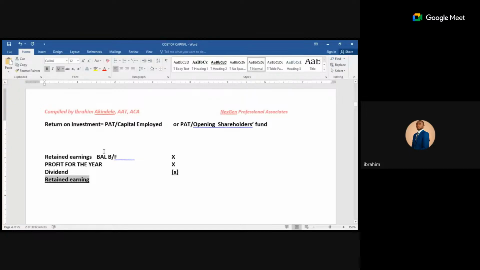You can also have the ordinary shares here. In addition to this, let me add it: ordinary shares. For those who did financial reporting, it will flow. Now, if you have something like this, class, and your retained earning is this, right?